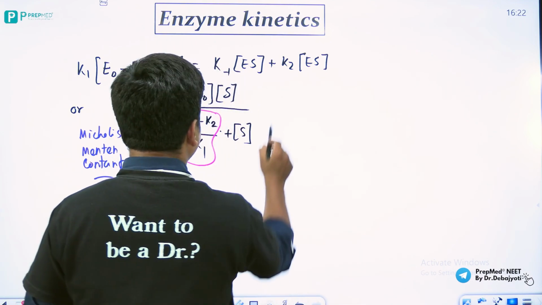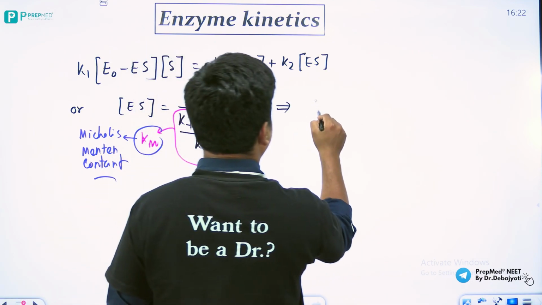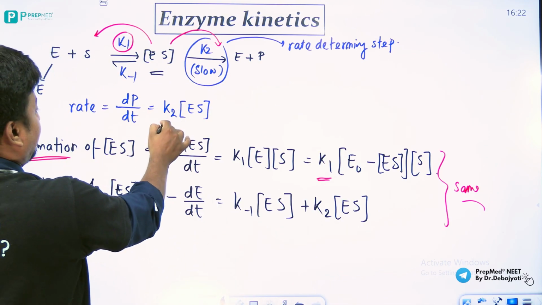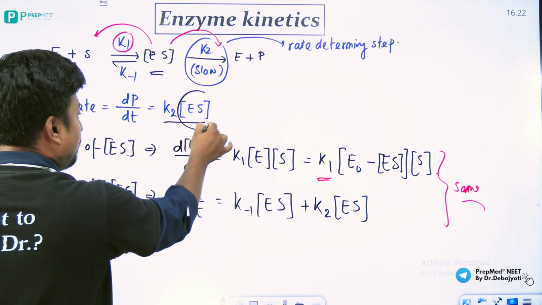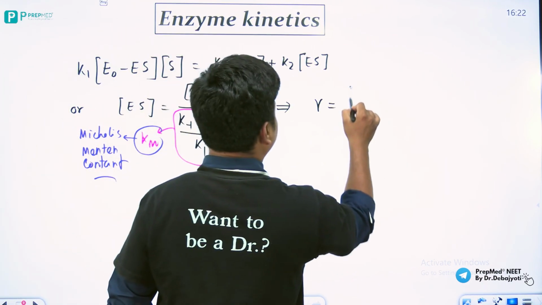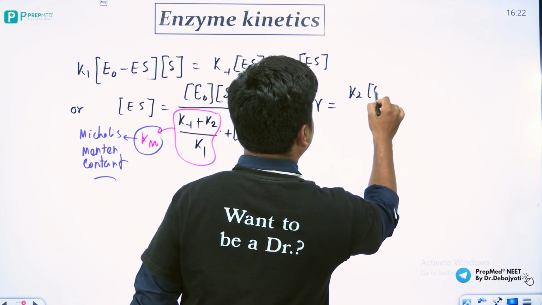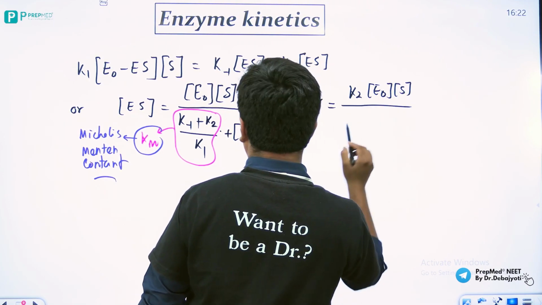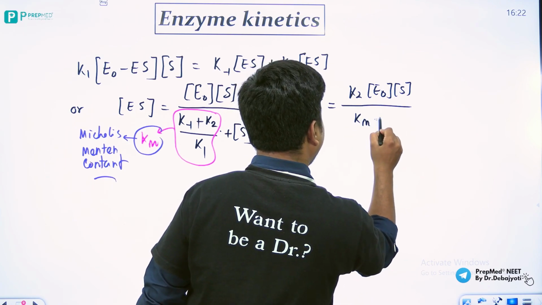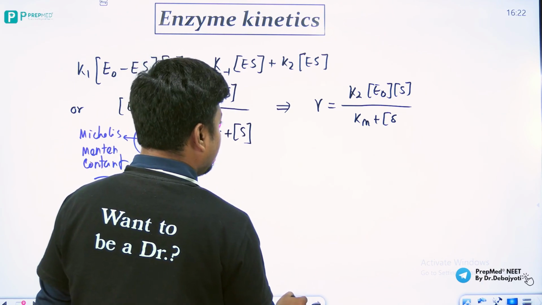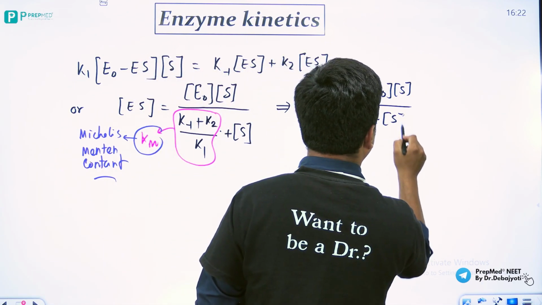So what can we say then? The rate of the reaction was K2 into ES, so we put the value of ES here. We will get K2 into E0 into S divided by Km plus S. Now, a beautiful equation.